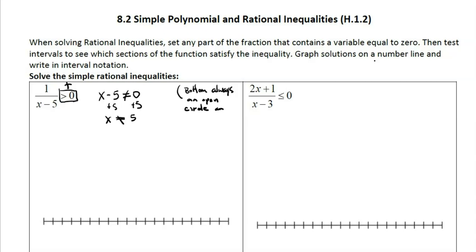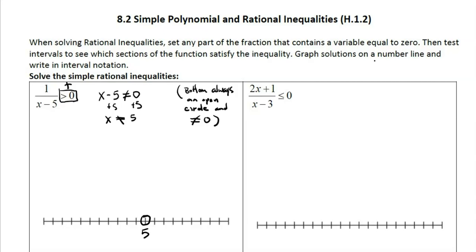So we go down here, let's just choose a point, we'll call this 5. And as I said, it must be an open circle there at 5.